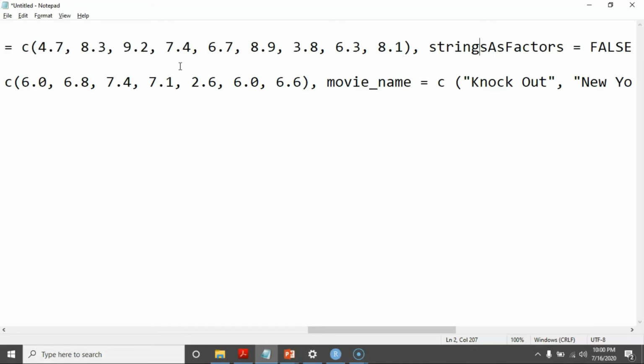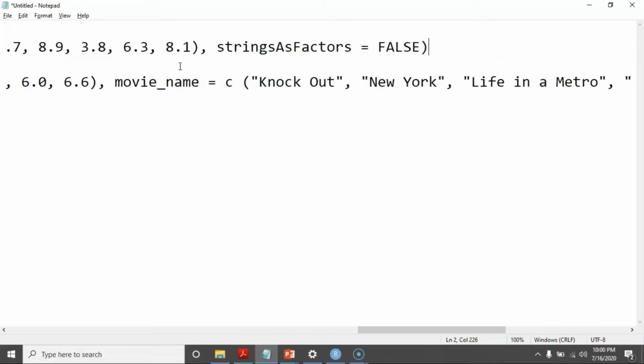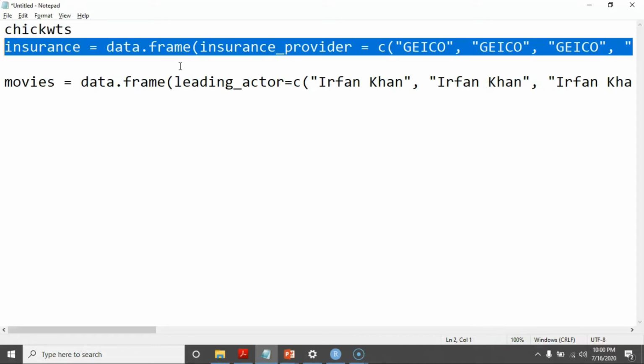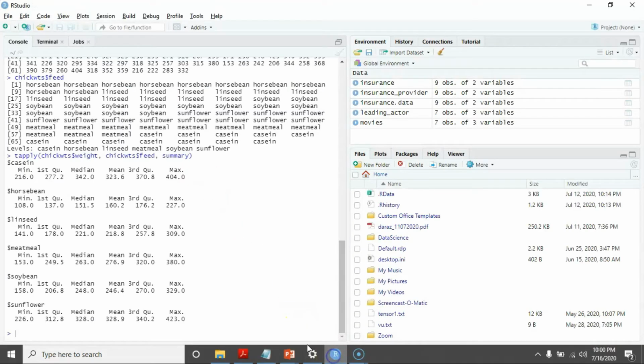Otherwise by default it treats it as a factor, but we are not going to perform any factor analysis. That is why I have defined stringsAsFactors equal to FALSE, meaning any string attribute will not be considered as a factor. We will just use them as string values. Okay, so this is our data set. Again, the bracket close. I can just copy here and paste here.